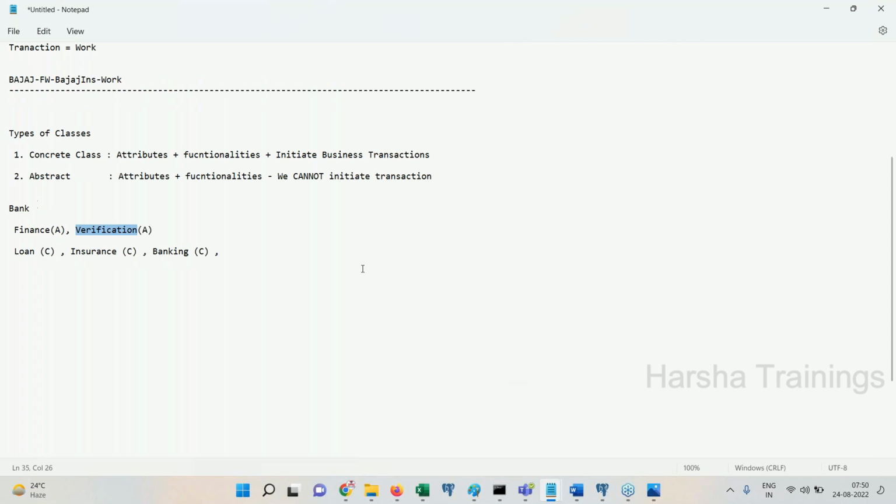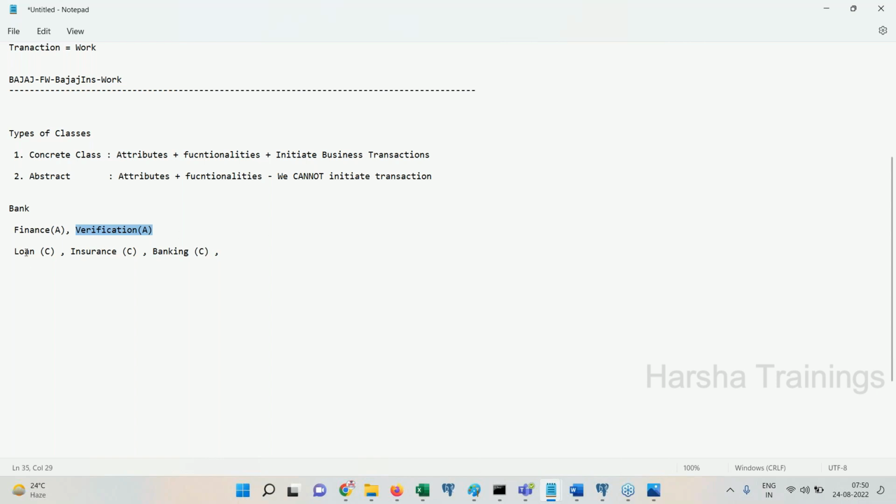See here, let me take this one only. Loan class wants to access the functionalities of the verification class. Yes or no? Insurance class wants to access the functionalities of verification. Similarly, banking, dispute management system, all of them also want to access the verification class. So this is going to be a common class now, for these three.